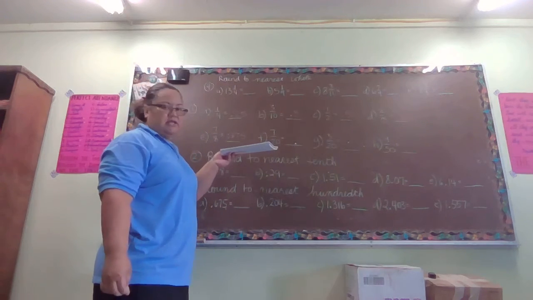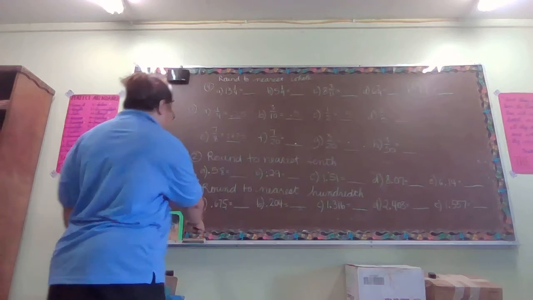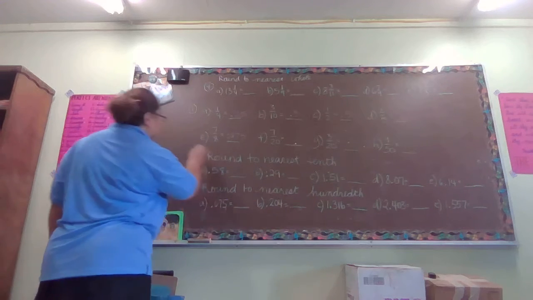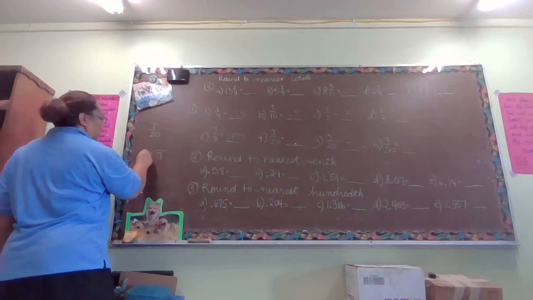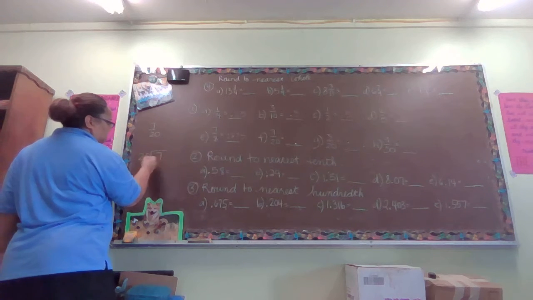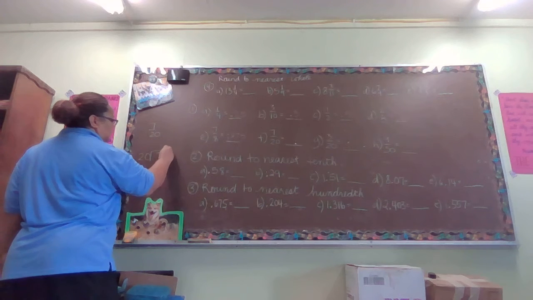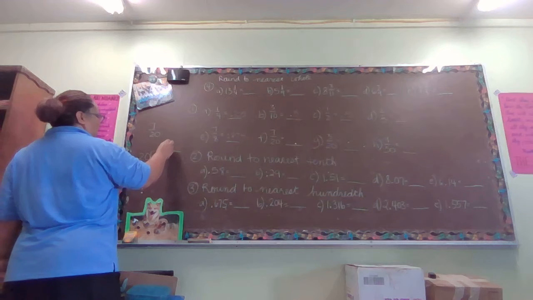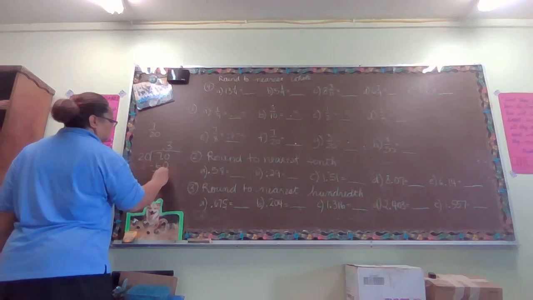Now 7/20, there is no fraction decimal equivalent given, so we'll go ahead and divide that. So 7/20, divide the numerator by the denominator. Now 20 cannot fit in 7, so put a decimal point. Add a 0, how many 20s in 70? 3. 3 times 20 is 60, 70 minus 60 is 10.